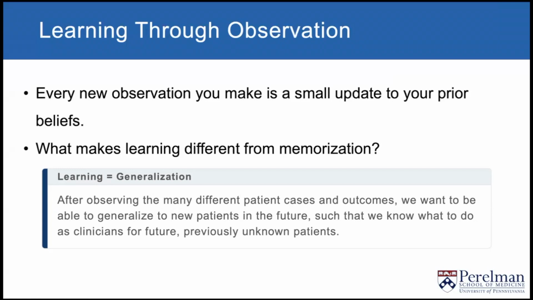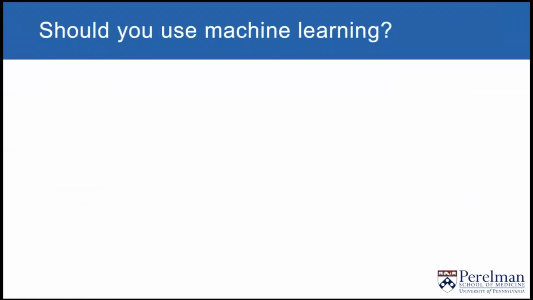So this is the whole point of learning, machine learning or human learning or whatever. It's not to perform well on things that we've already seen. It's to be able to generalize, to do things well for things that we haven't even seen before, right? So that's the whole crux of machine learning, right?